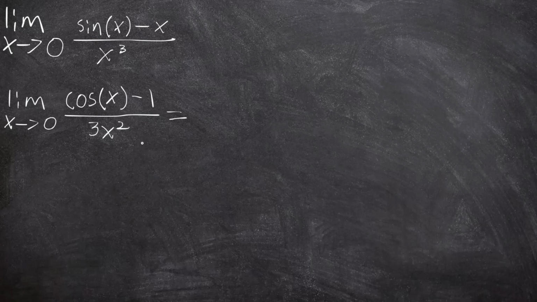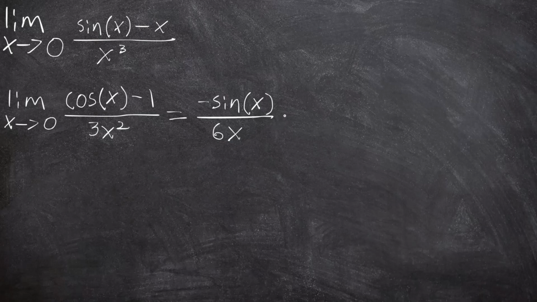If we plug in 0 now, we would get 1 minus 1 for the numerator, and we would get 0 anyway for the denominator. So we would have to apply L'Hopital's rule again. So taking the derivative of the numerator, we would get negative sine x over 6x.